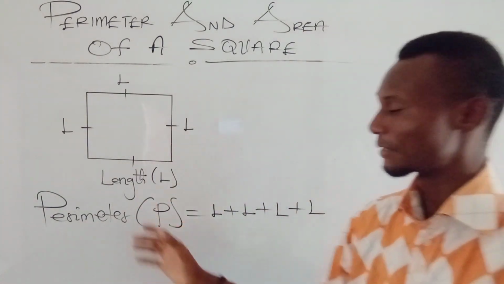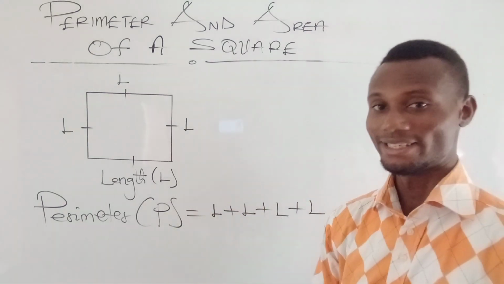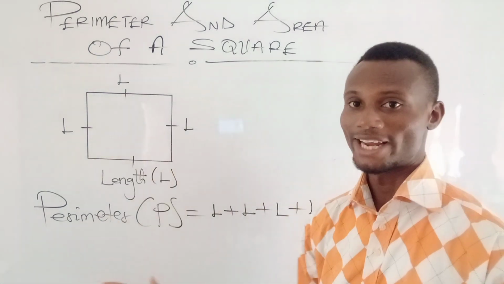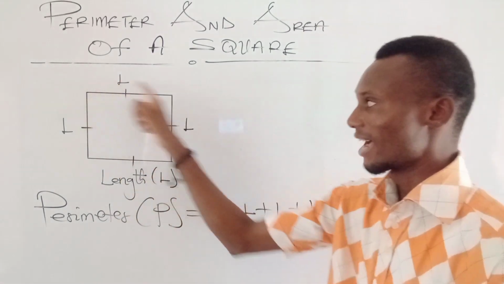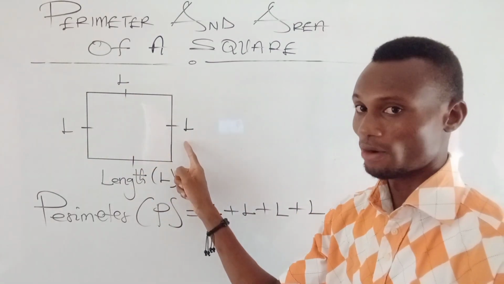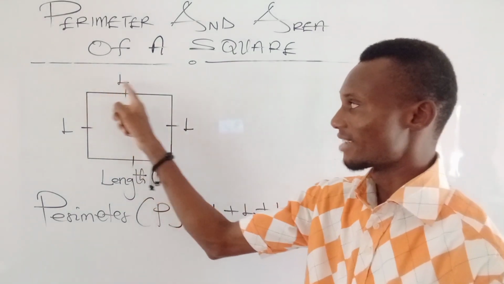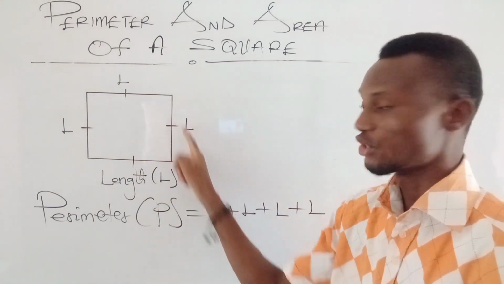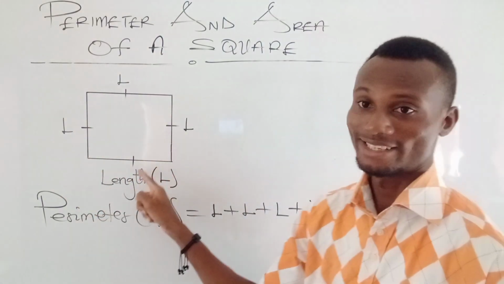Nothing difficult about this. We are saying that the perimeter of any plane figure is simply the summation of the distance around it. So starting from here, the distance here we've labeled L. The distance here too we've labeled L because it's a square, it has all sides equal. So if the distance here is L, here is also going to be L. The same applies to this side and this side as well.